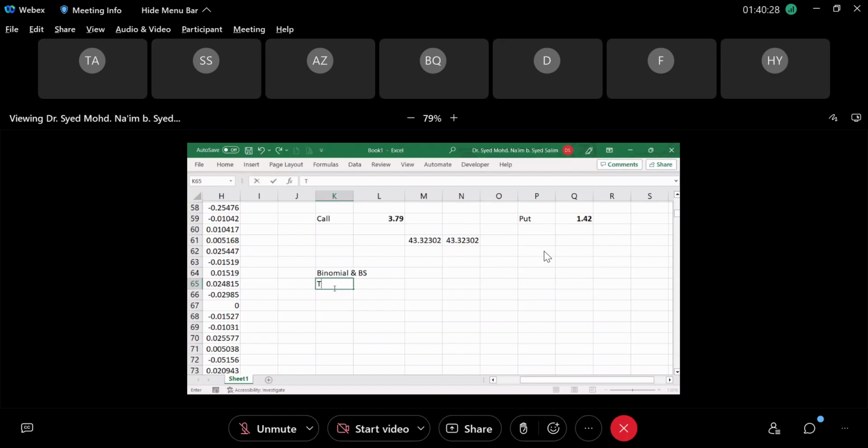T is equal to 1, n, or the number of steps, is equal to 2. So t divided by n is the fix. So dt is going to be 0.5.